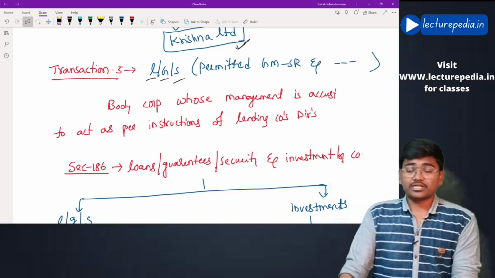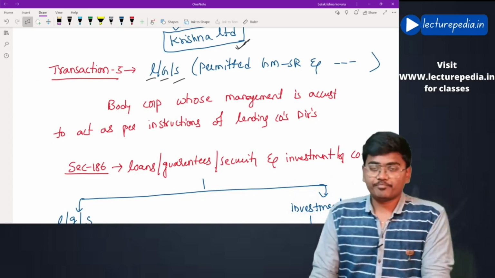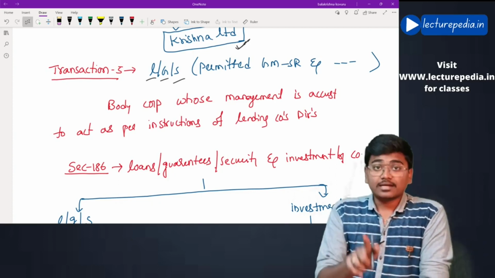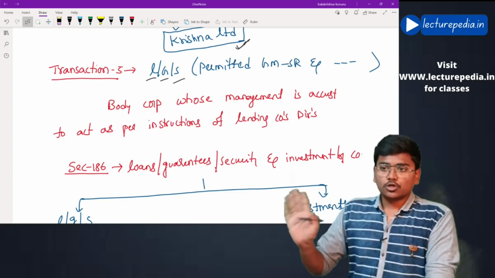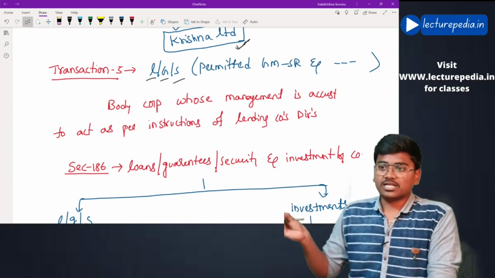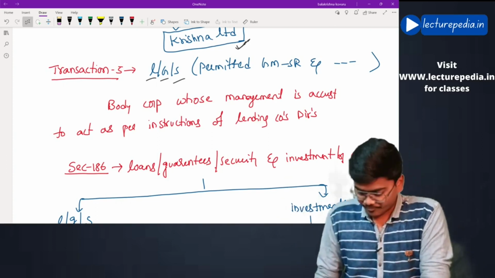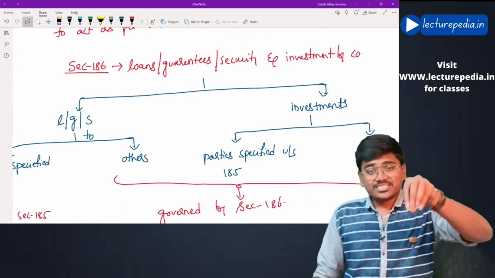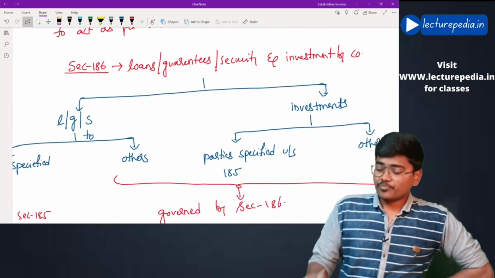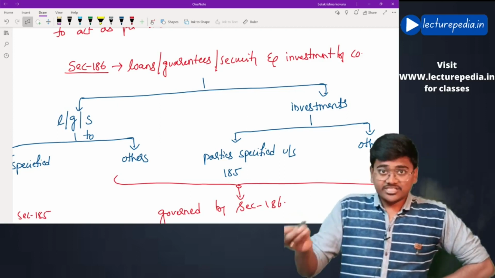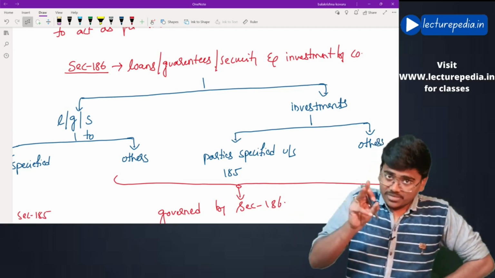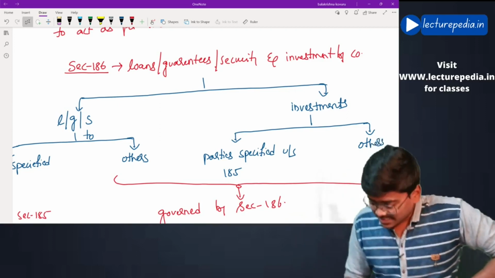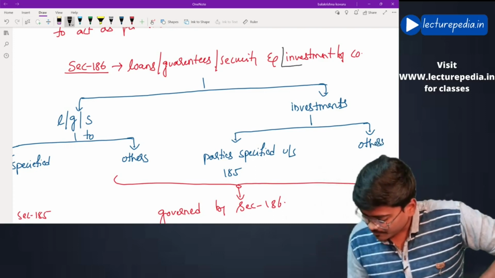By this we have completed section number 185, which deals with loans, guarantees, securities to the persons specified under various transactions. Now moving to section number 186. Even this section number 186 also deals with loans, guarantees, securities. Apart from these three transactions, there is another transaction which is investments.